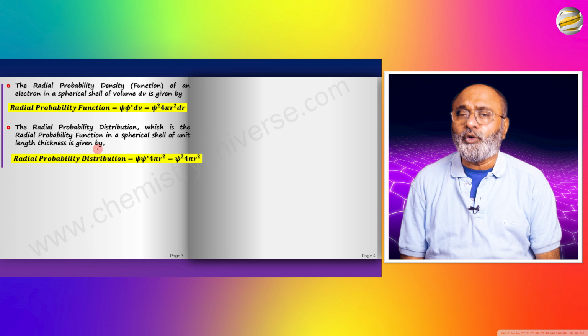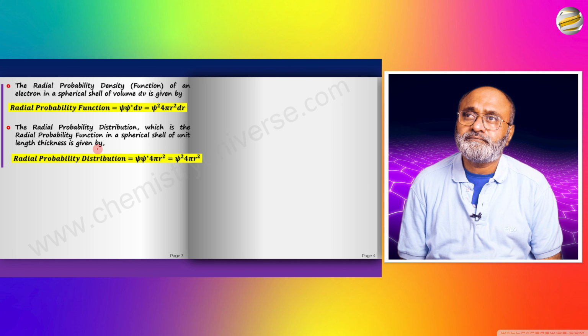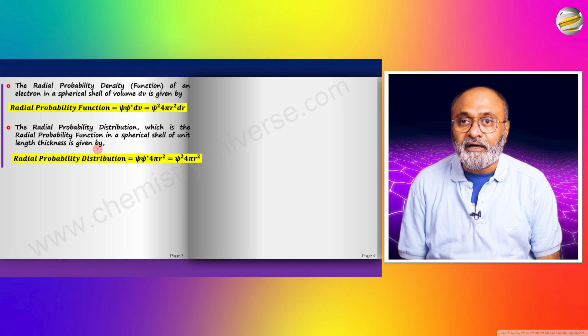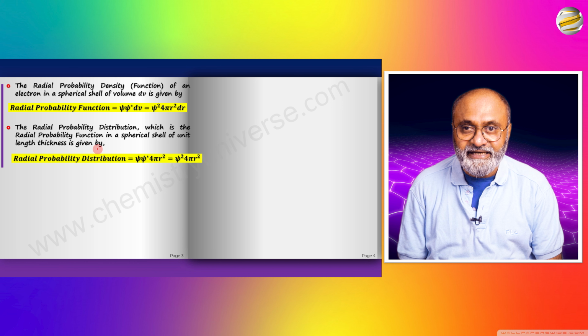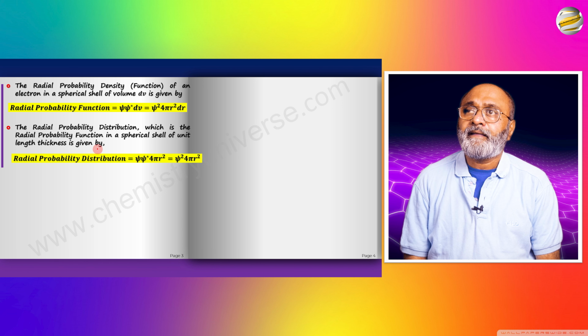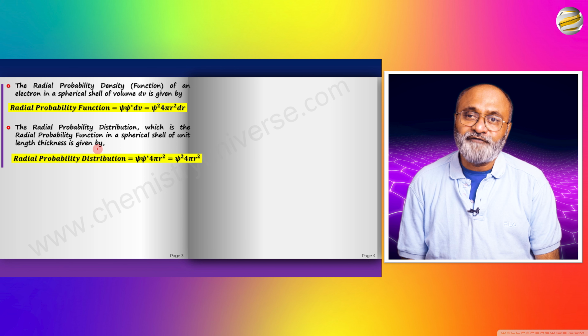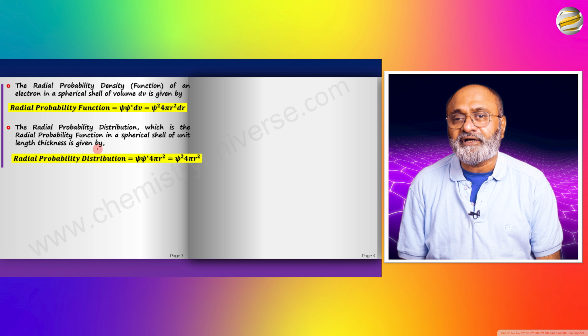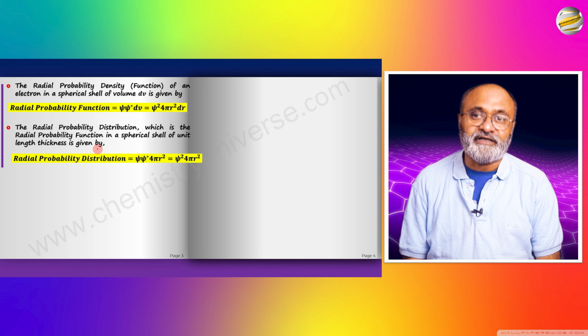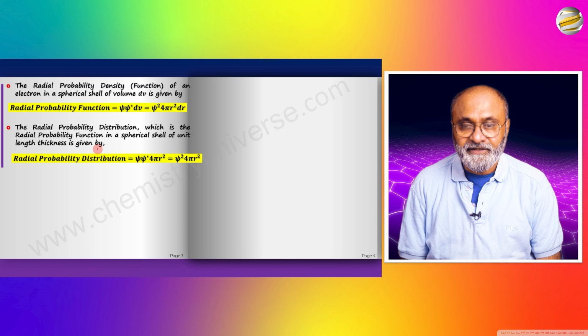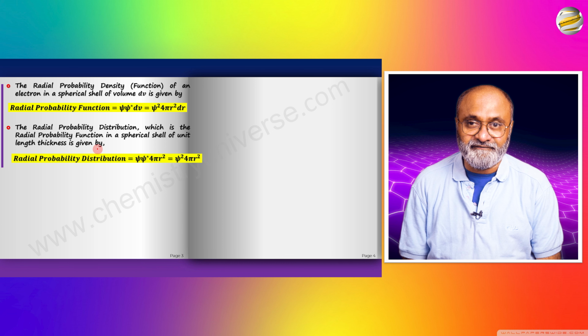Now it's known that even though we are comfortable with Cartesian coordinates x, y and z, it becomes much easier to solve the Schrodinger wave equation if you convert the Cartesian coordinates into polar coordinates. They are called spherical polar coordinates: r, theta and phi.